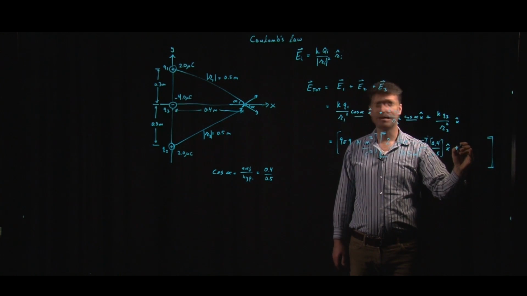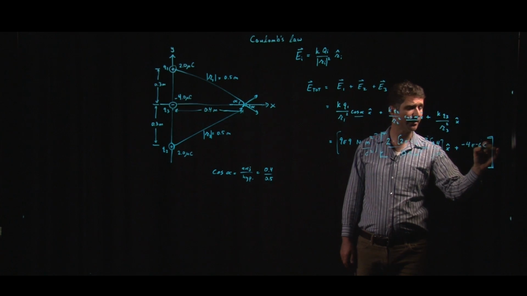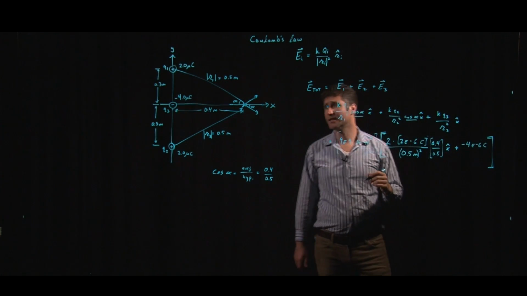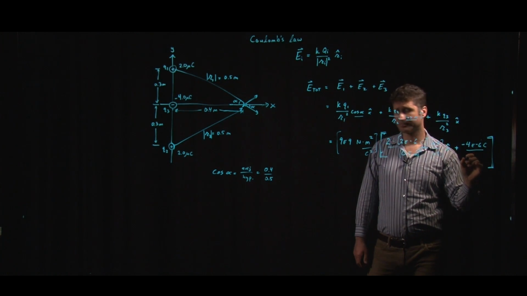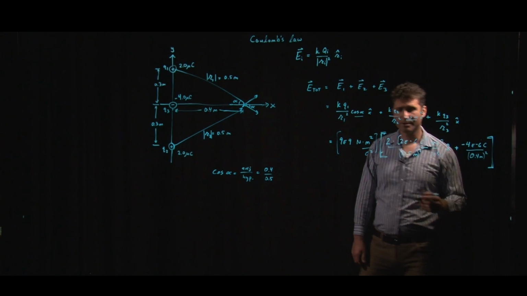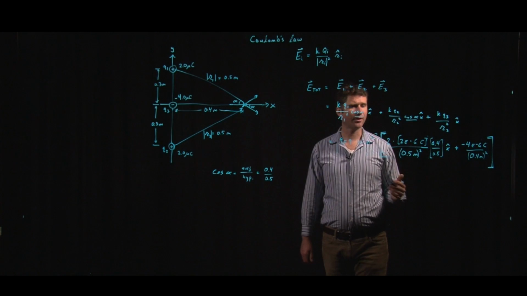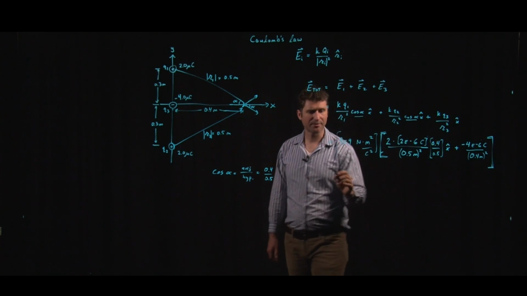And I'll write down that we have a minus 4 microcoulomb here. And this is going to be divided by 0.4 meters squared. Okay. So finally, we can put together all of our numbers here, and we will calculate our result.